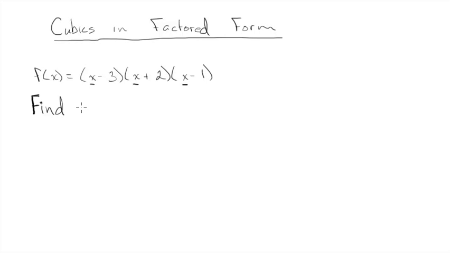So what we're going to do now is find the zeros, or roots, or x-intercepts. To find the zeros, I set f of x equal to 0. So now it's very similar to when I had a quadratic equal to 0. I've got three things multiplied together to give me 0, which means that one of these three things must be 0.